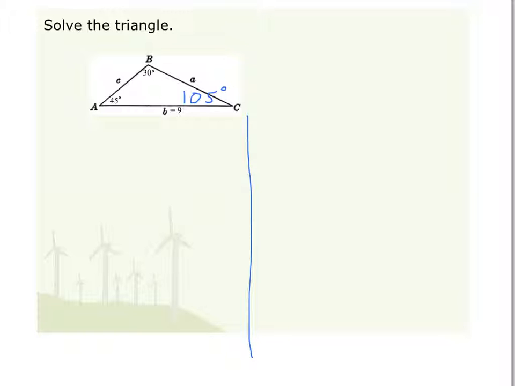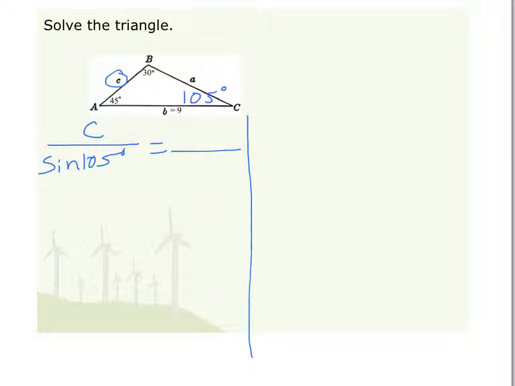Okay, now I got two side lengths I got to find. And I'm just going to start with c. c divided by the sine of 105. Now, which one am I going to set it equal to? Remember, the law of sines gives me three options.